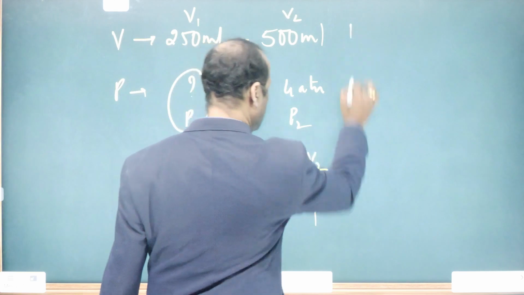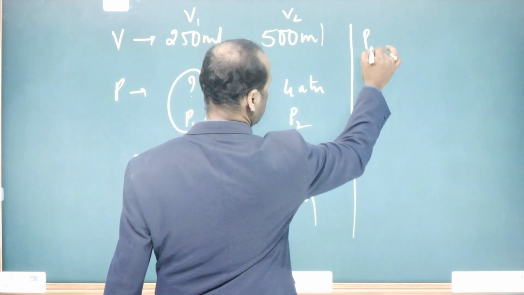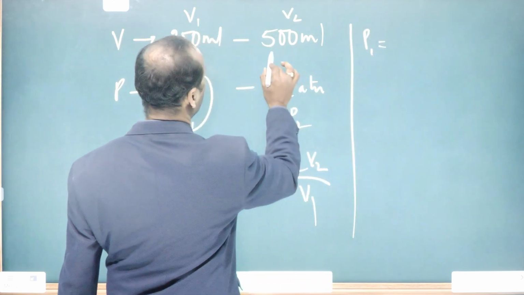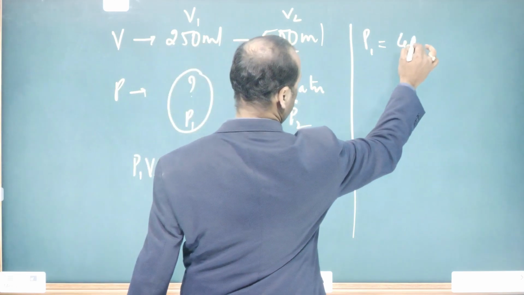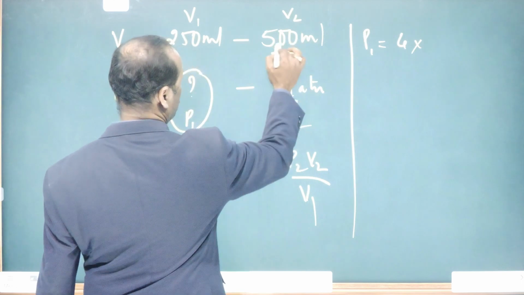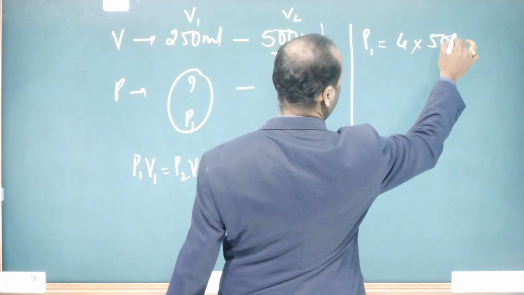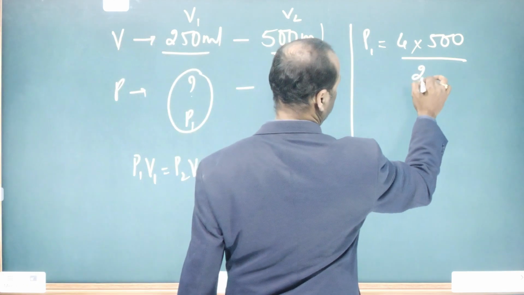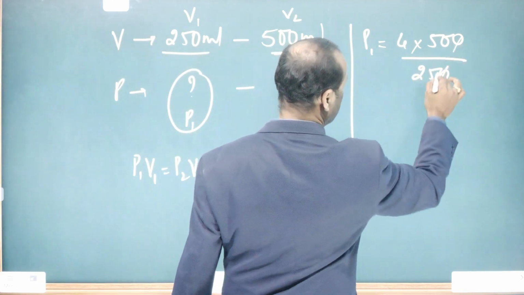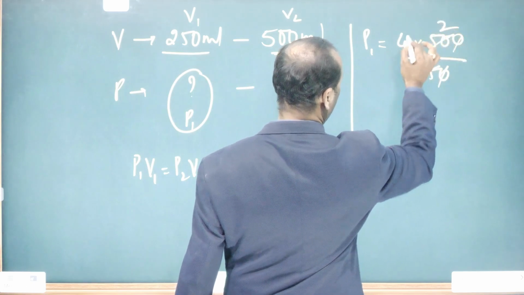Now see what happens. P1 is equal to P2, which is 4 atmospheres, into V2, which is 500 ml, divided by V1, which is 250 ml. The zeros cancel. 25 ones are 25, twos are 2, fours are 8.